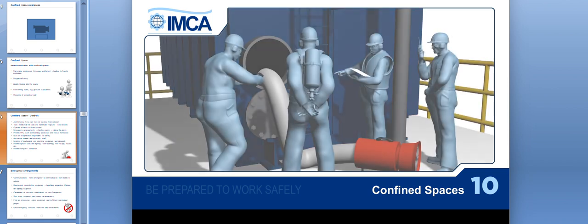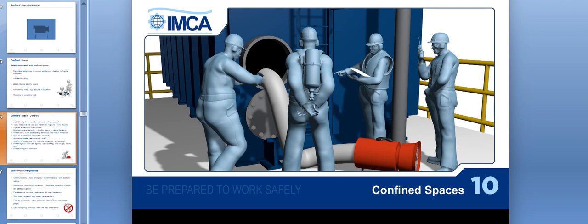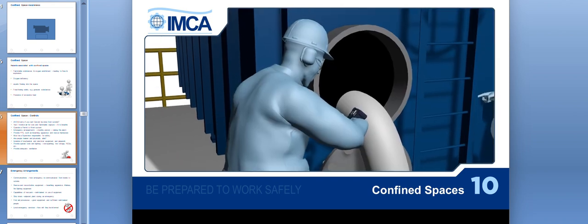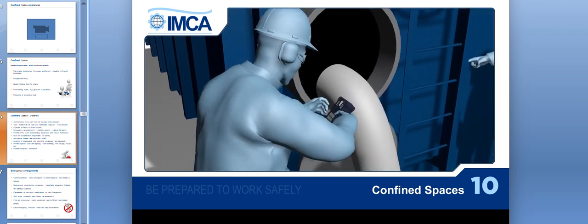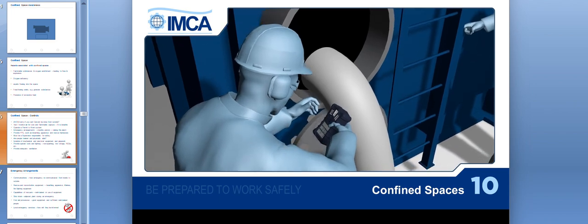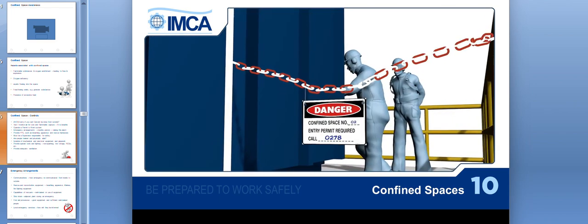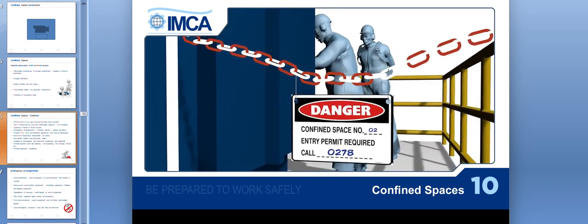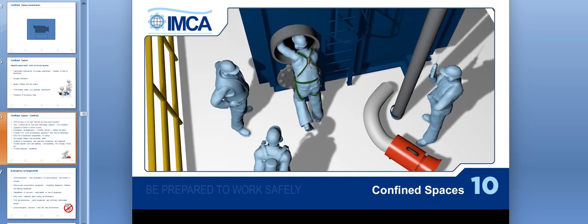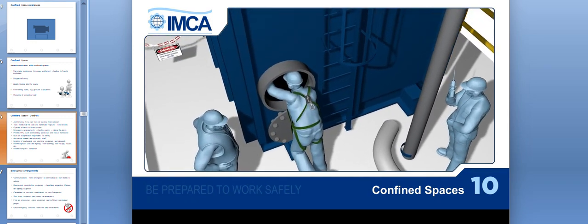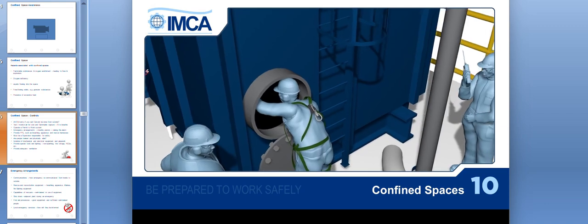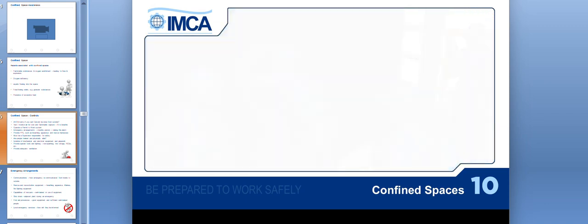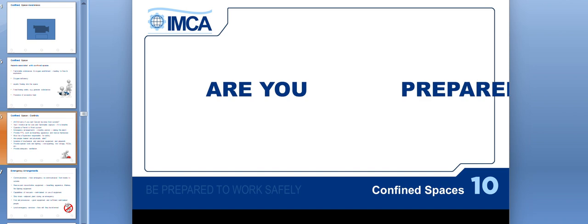Be aware that disturbing sludge or water on the ground may release toxic gases. Oxygen levels should be constantly monitored, especially if hot work is taking place. Barriers should be placed around all entry points to keep others away, and only authorized and trained persons may enter a confined space or act as a safety attendant. Are you prepared?